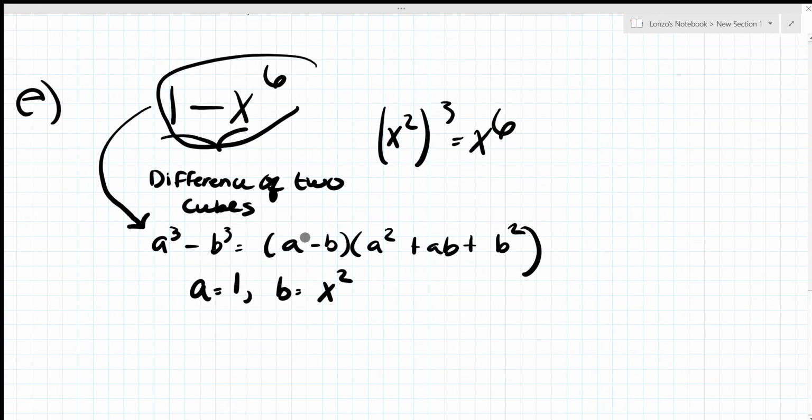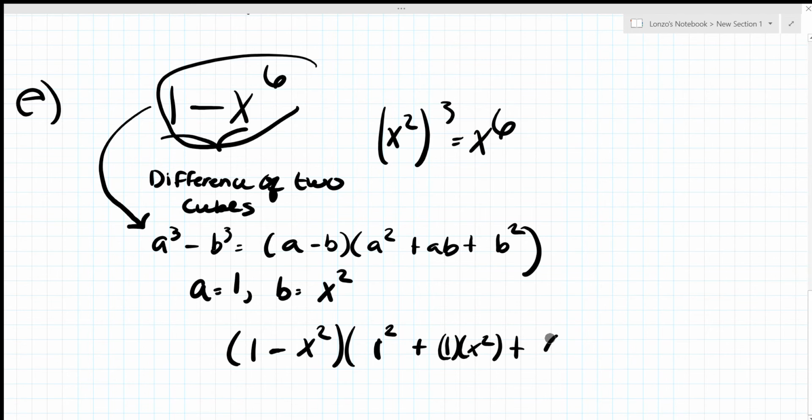So we figured our a and b, so we're just going to put it in this form. So a is 1 minus, my b is x squared, so it's going to be 1 minus x squared. And then a squared is 1 squared, which is 1, plus a times b, which is 1 times x squared, plus b squared. So b is x squared, and then they say to square that as well. Good.